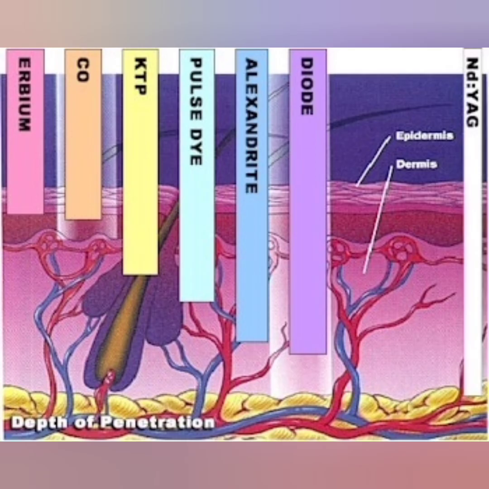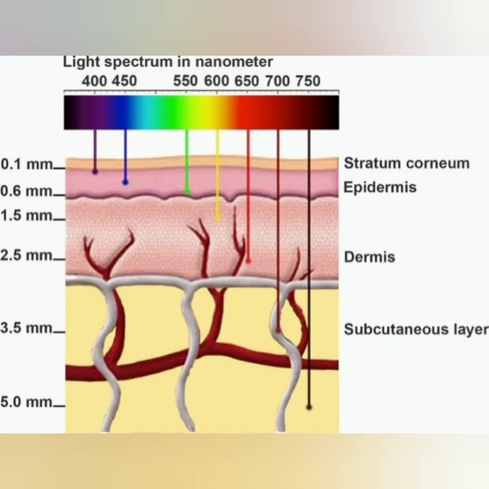Like in melanic skin lesions, you have to use above 800 to cause damage to the melanins. And for blood related or hemoglobin chromophores, you have to use 400 to 700 nanometers.